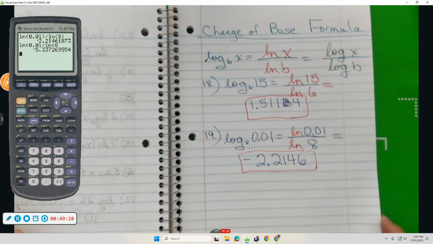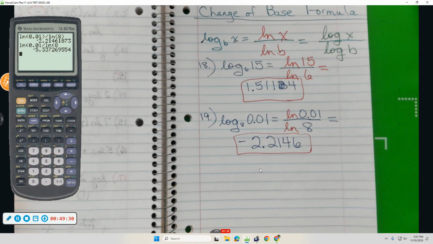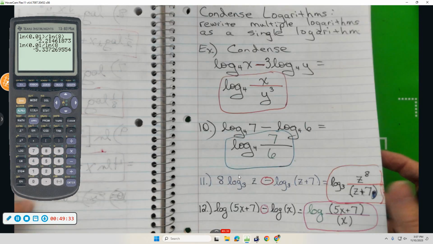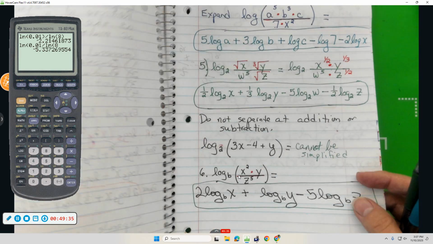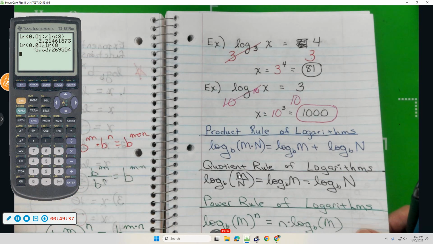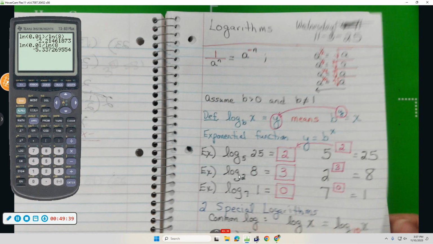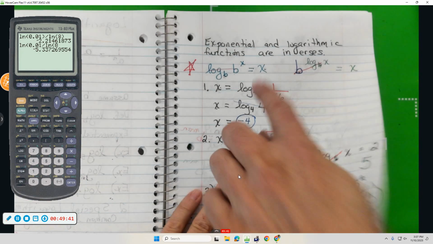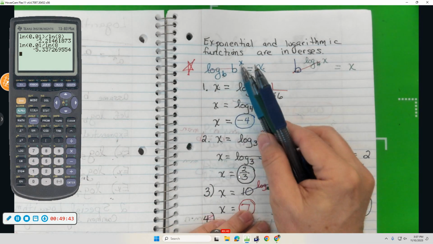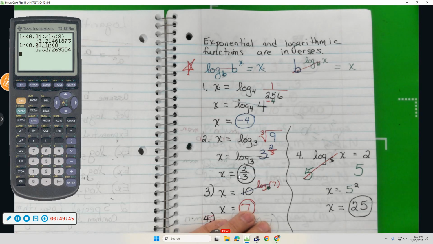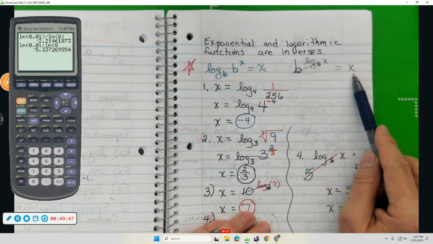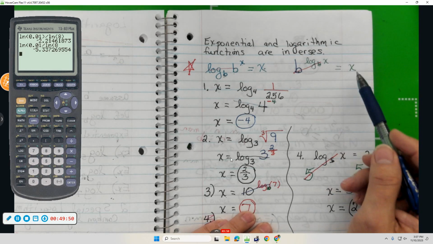I want to remind y'all of something that we were using at the very beginning of this whole logarithm assignment. Here it is. Log base b of b to the x equals x, and b to the log base b of x is equal to x.